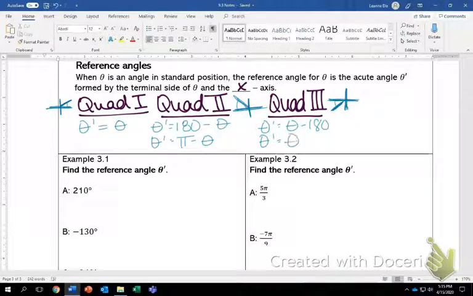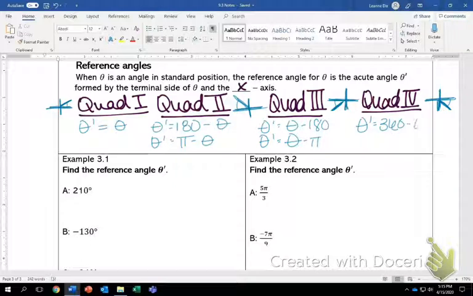Or if you're working with radians, it'd be theta minus pi. Quadrant four, you should be very close to the 360 line, and so you should just move forward for this one. If you use the formulas, theta prime is equal to 360 minus theta, or if you're working with radians, 2 pi minus theta.